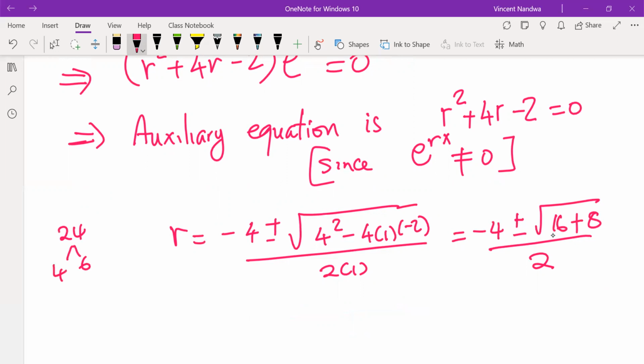So r is minus 4 plus or minus 2 root 6 divided by 2, which will give us minus 2 plus or minus root 6.